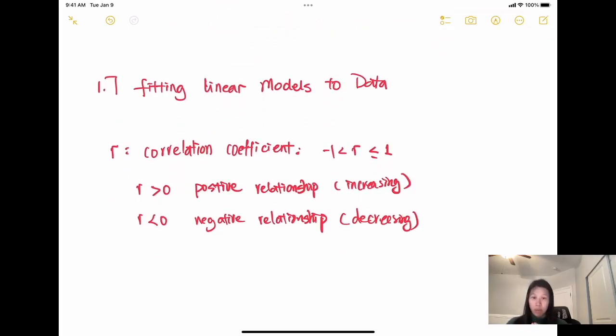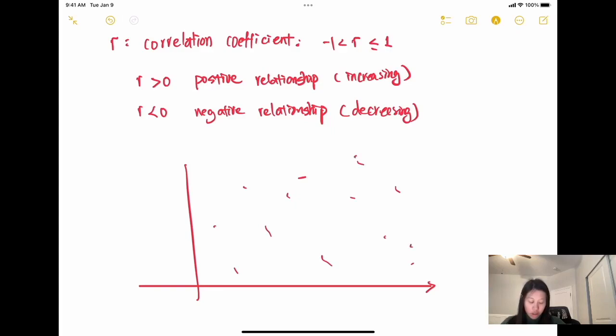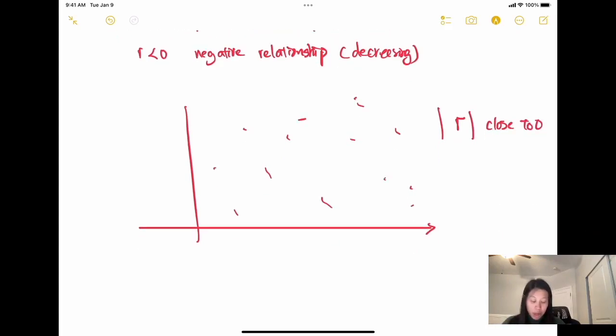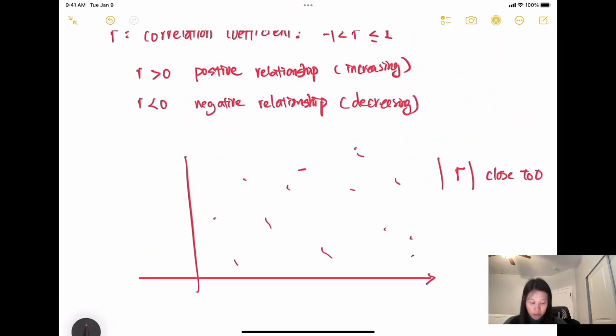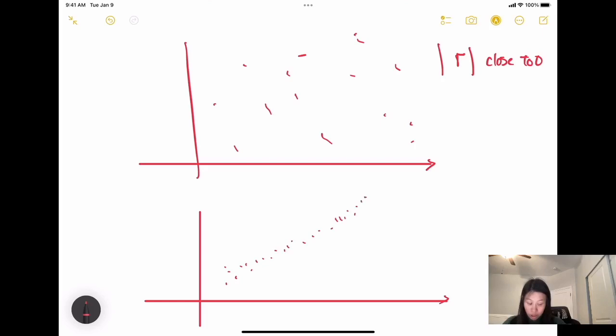And then this is the most important thing. The closer the value is to 0, the more scattered the data is going to be. So if the data look like this, the absolute value of R is going to be close to 0. But if the data look like this one, wow, it's really close to a straight line.